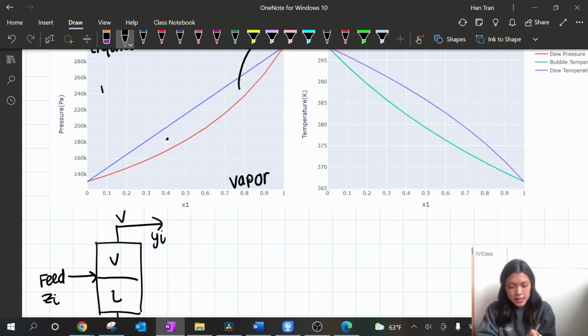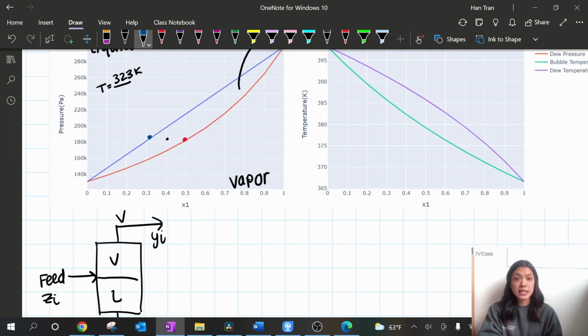At a set temperature, whether that be 223 Kelvin, whatever the set temperature is, the feed is going to have a part that is vapor and a part that is liquid.